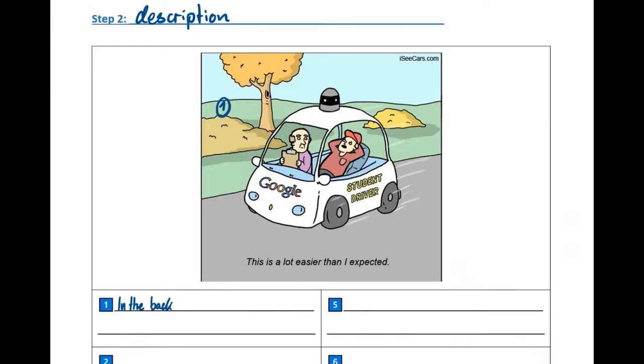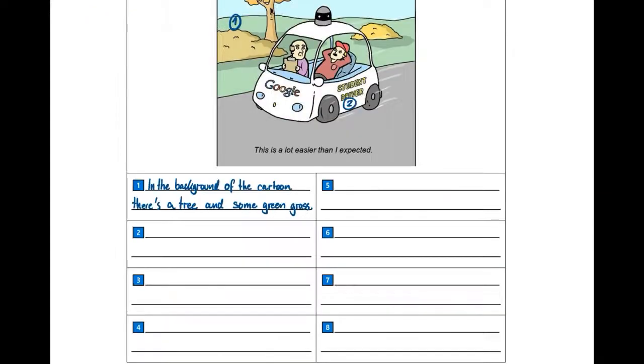Let's do that with our example cartoon. In the background of the cartoon, there's a tree and some green grass. Then we describe what we see in the center. So one can see a car that has student driver written on its side. For number 3, we describe the driver of the car.